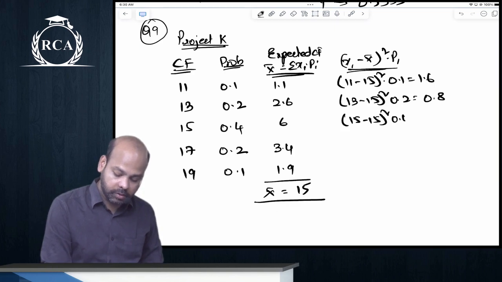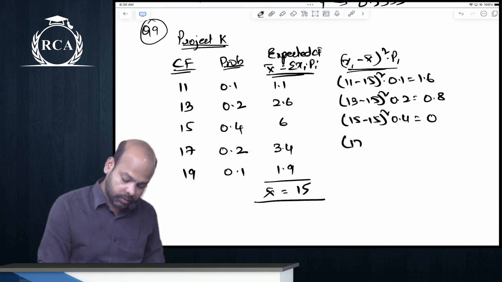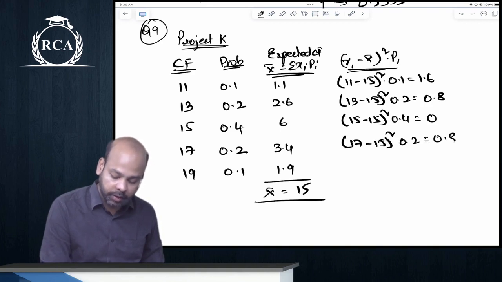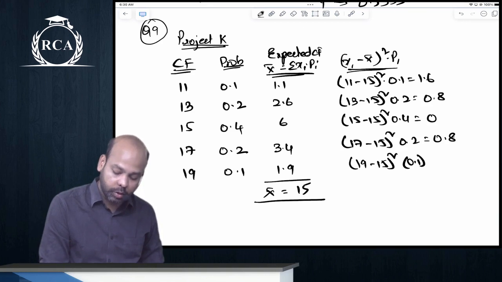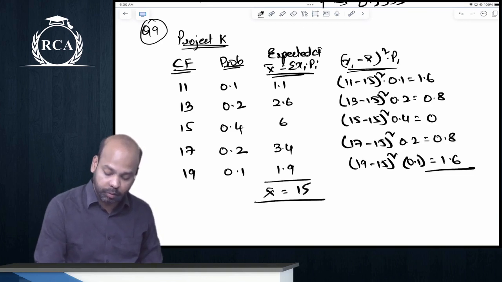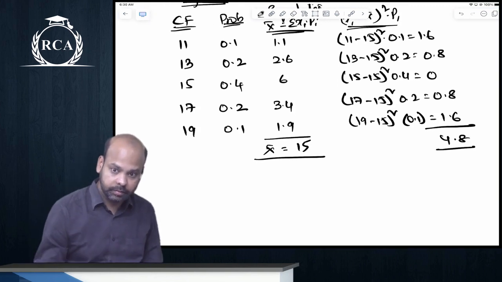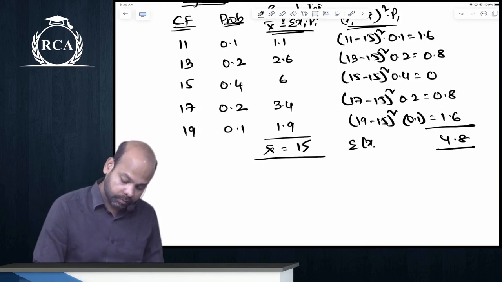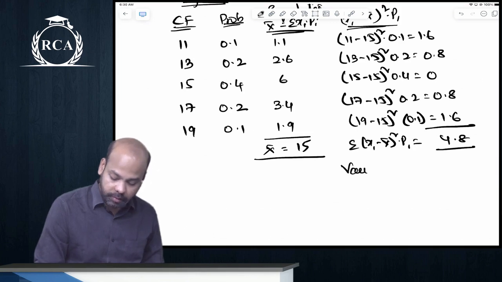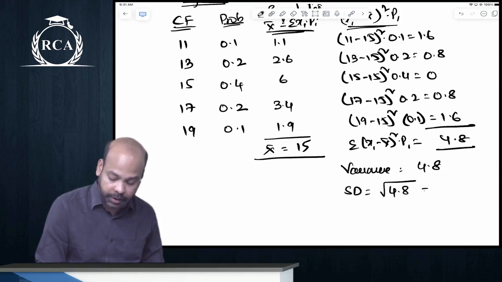Then 0. 4 into 0.2 is 0.8. 16 square into 0.1 is 1.6. 2.4, 2.4, 4.8. Variance is equal to 4.8. Standard deviation, beta, will be root over 4.8.